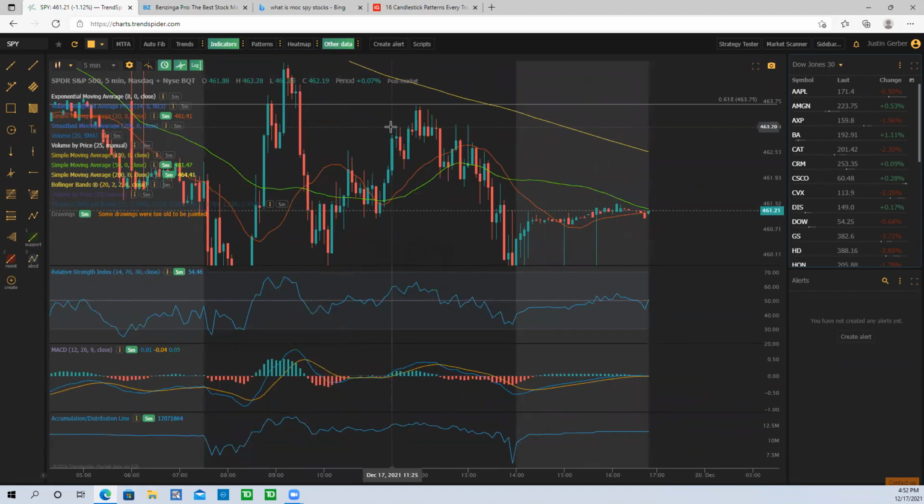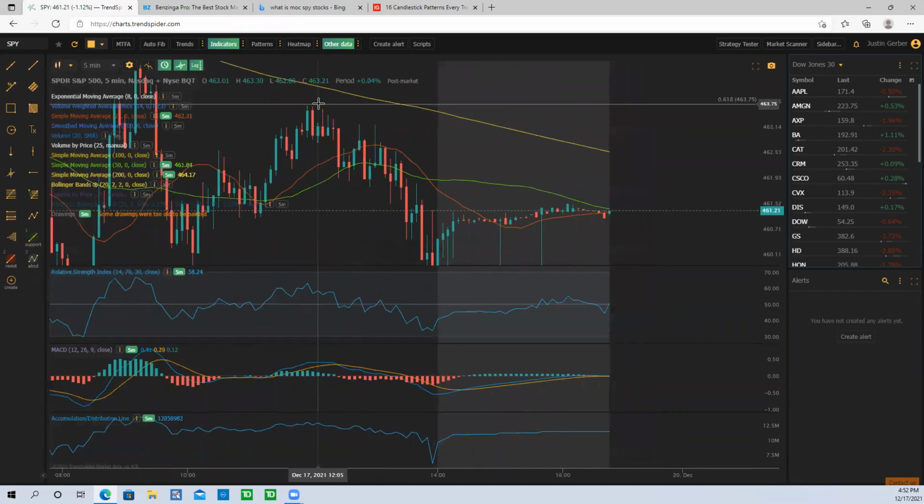But then I came back, regathered myself, and I saw that it kept failing this retest, right? So it came up, retested, failed, failed, fail, fail, fail. And then you see how it's coming down? See how it's lower highs, lower highs. So right here, I took a put. I took a put mostly based on all of these fails, right? 1, 2, 3, 4, 5, 6 fails.